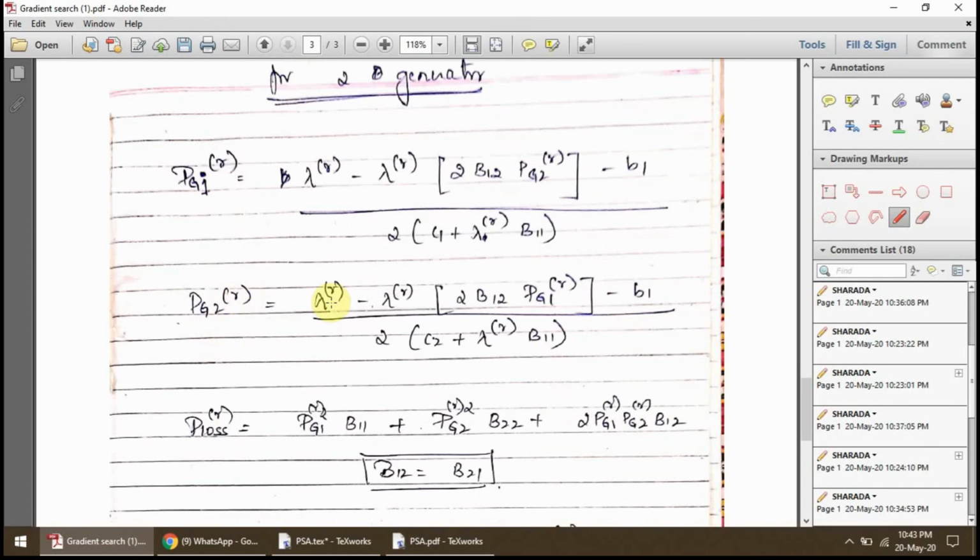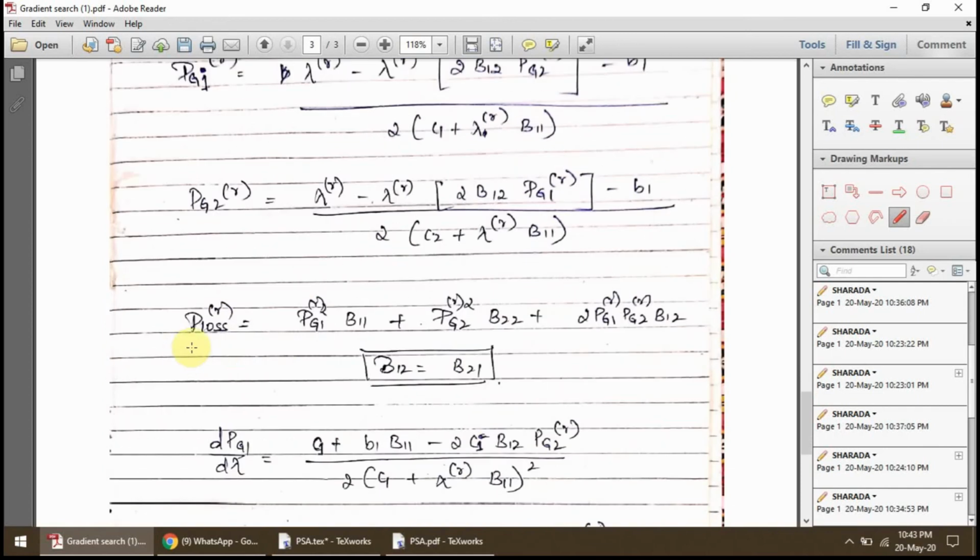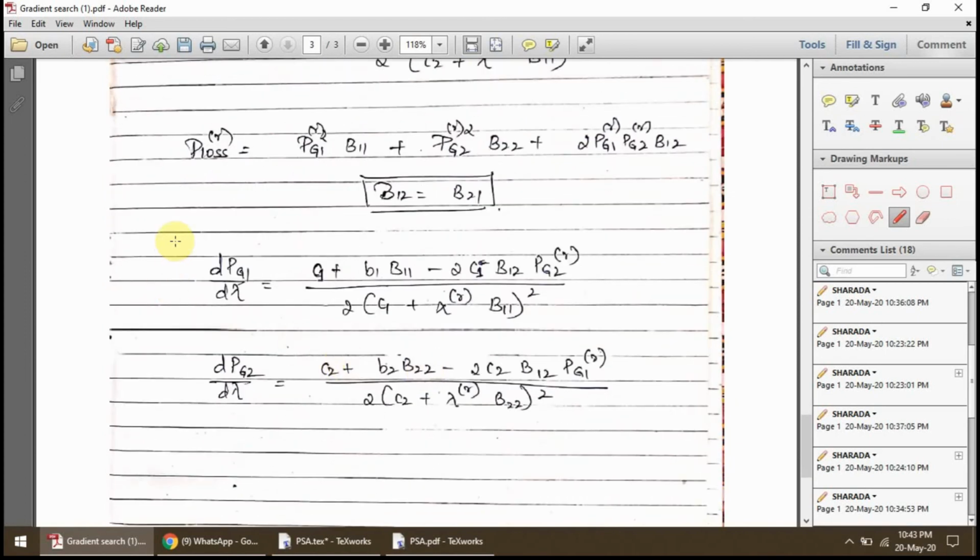Similarly, Pg2 of R we will calculate using this expression. P loss expression will look somewhat like this. So always remember that your B12 will be equal to B21, or I can say Bij is equal to Bji in power loss, and the dPgi by d lambda is calculated using this expression.